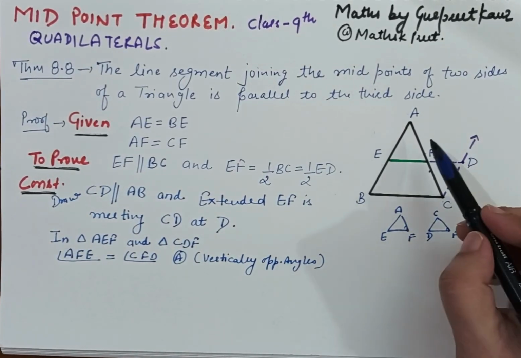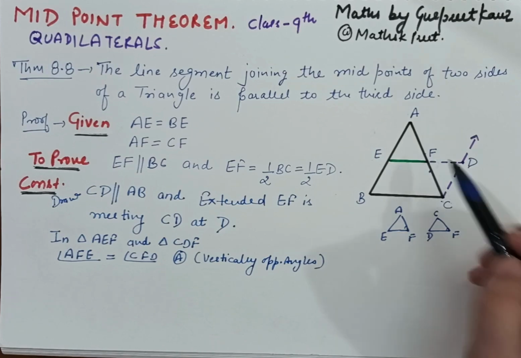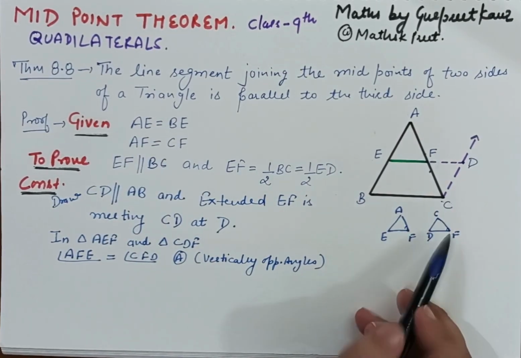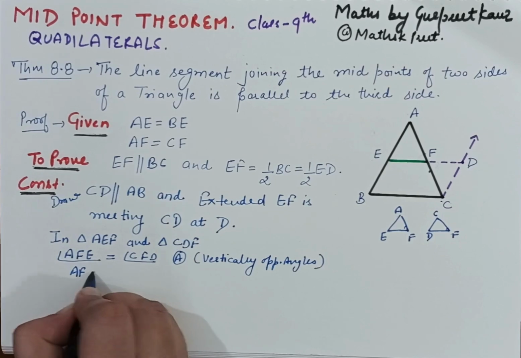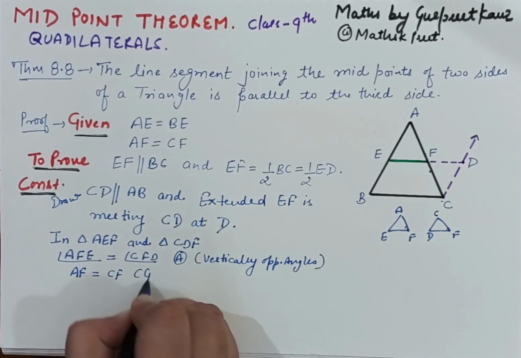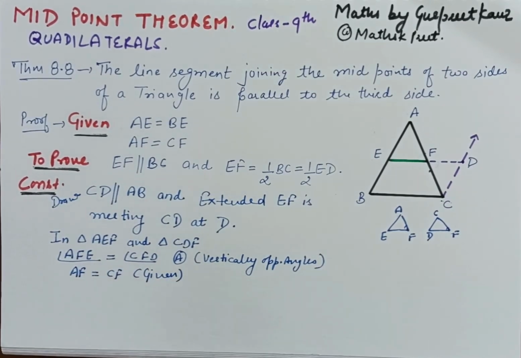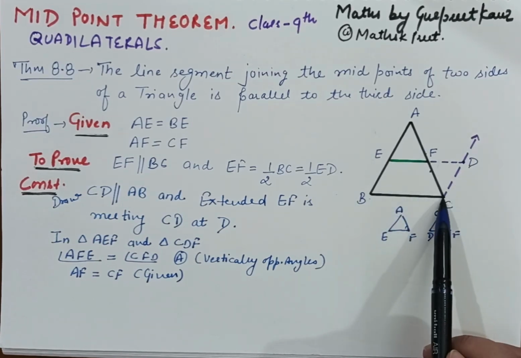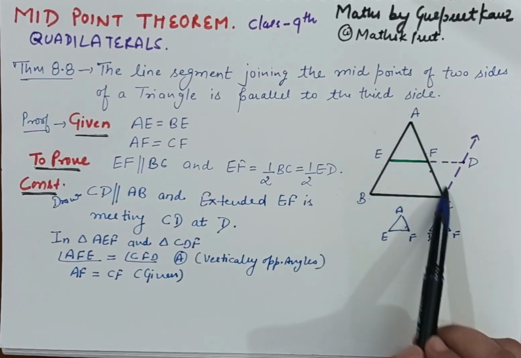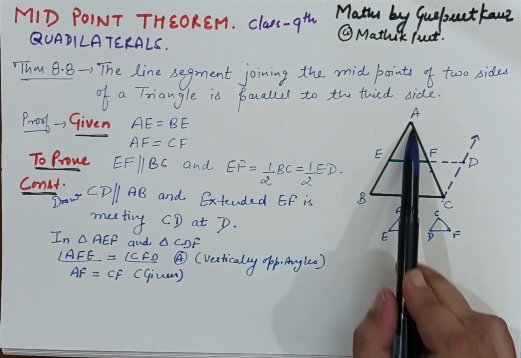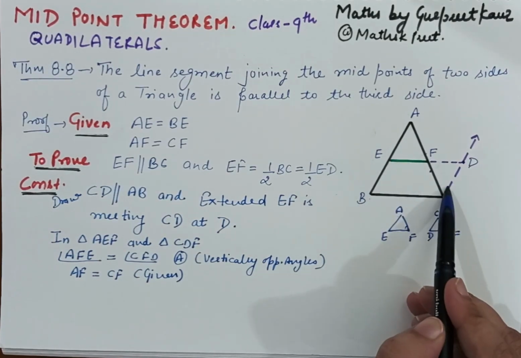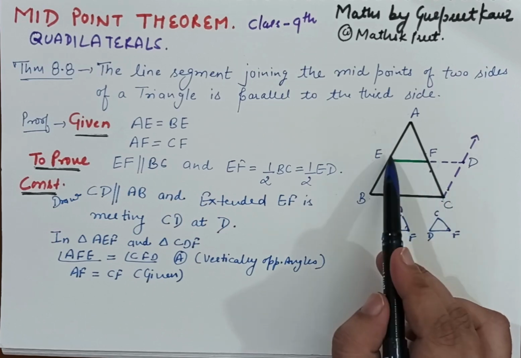Next, what are they? AF is equal to CF, we have. This is given to us. So AF is equal to CF. This is given. What else? As AB is parallel to CD through construction, and AC is acting as a transversal, this is making a Z. Then this angle will be equal to this angle. Which angle?